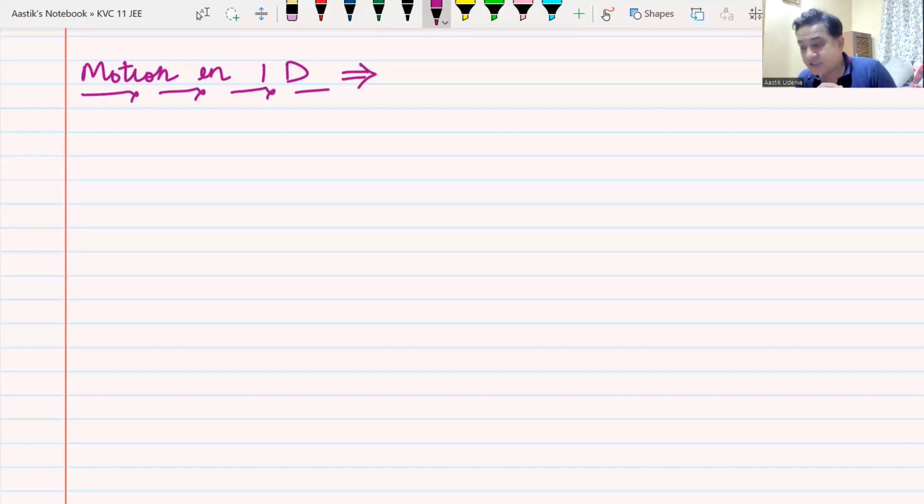Now, the challenge here for us is to understand or study motion in 1 dimension or rectilinear motion. Now, to study that rectilinear motion, we must also have some arms and ammunition and skills. You will need some tools to study this motion in 1 dimension. For example, if I have to write, I need this, my pen.